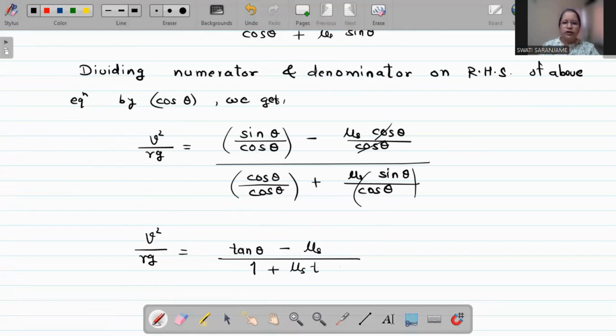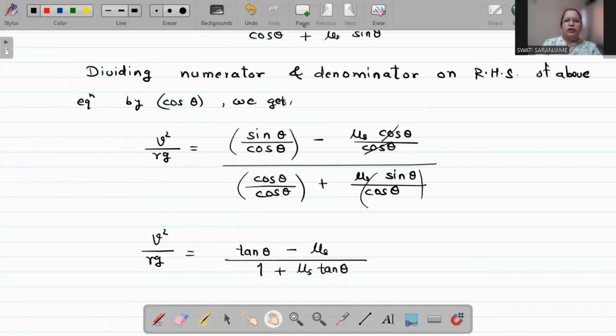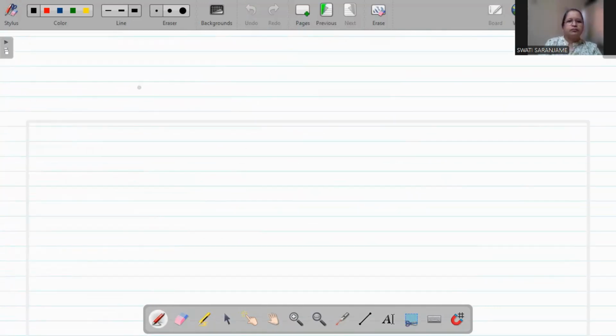So in the denominator we have 1 plus mu s tan theta. Now I am opening a new page. V square by Rg is what it gives us, tan theta minus mu s upon 1 plus mu s tan theta.